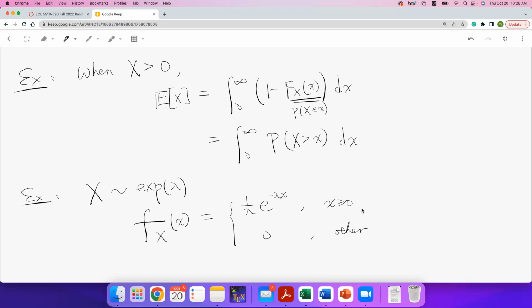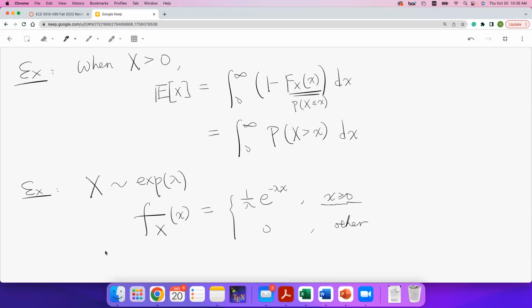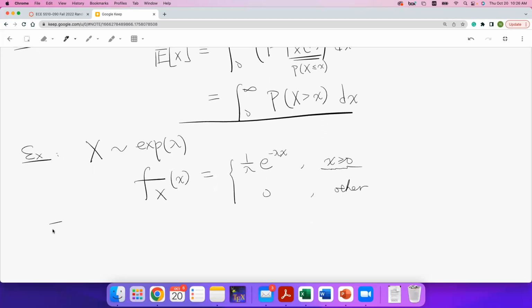So this is only supported on the positive domain. So for this random variable, we can use this formula to calculate the mean. You can also use the PDF formula to calculate the mean. They are the same. So here we use the CDF one.